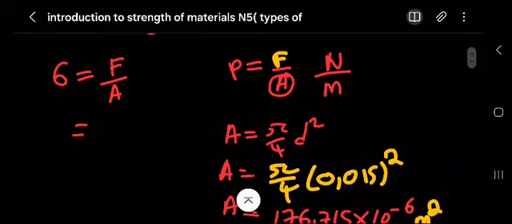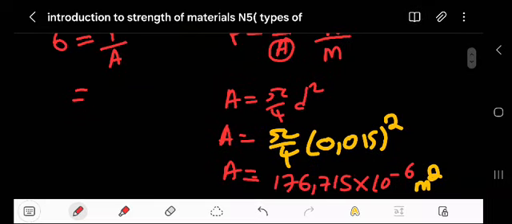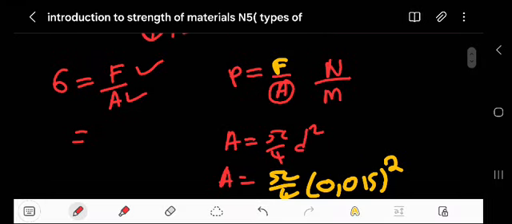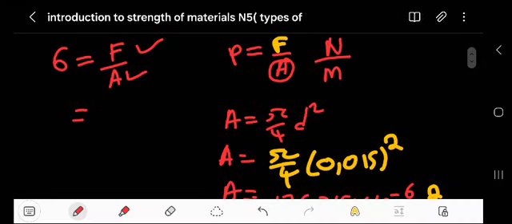It's one and the same thing. We have the area now. What about the force? The force you've been given. So it's easy like that. We can calculate the tensile stress. This will be simply what? Tensile stress.